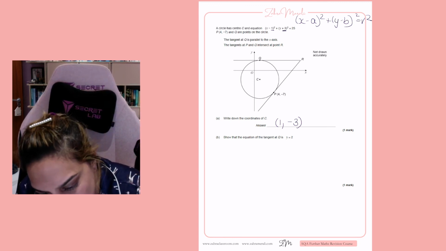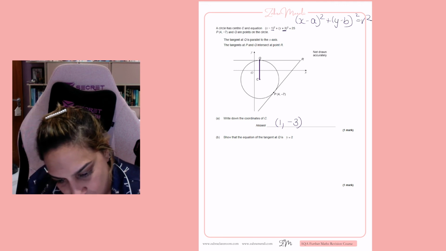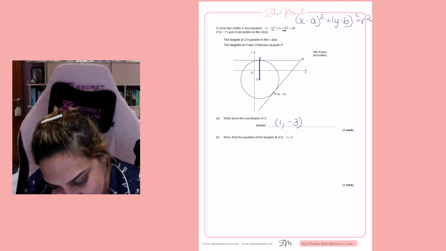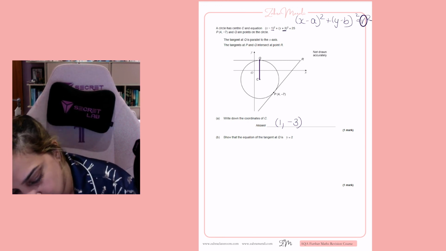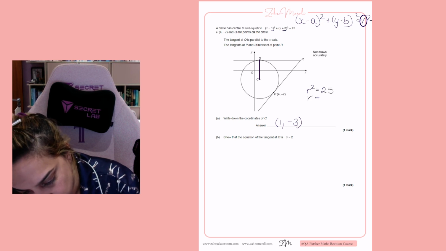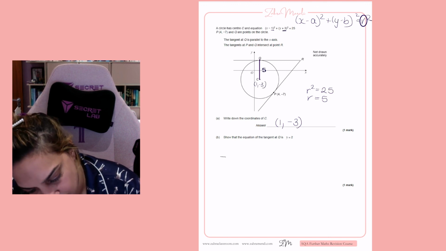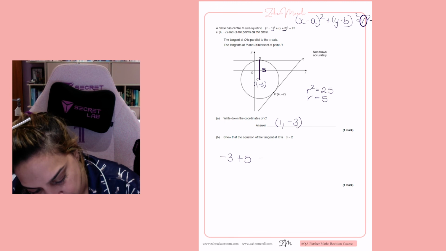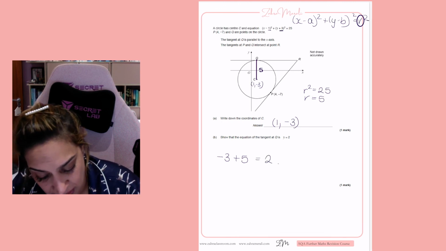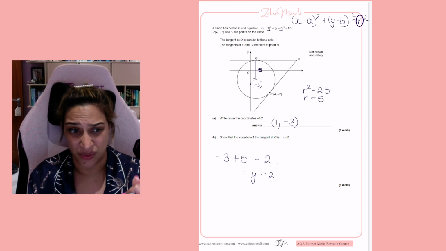Right, so we want to know from here to here, if the radius, so r squared equals 25, r must be 5. So if this is 1 minus 3, and this is 5, -3 plus 5 equals 2, therefore y equals 2. So we're going straight up by 2.